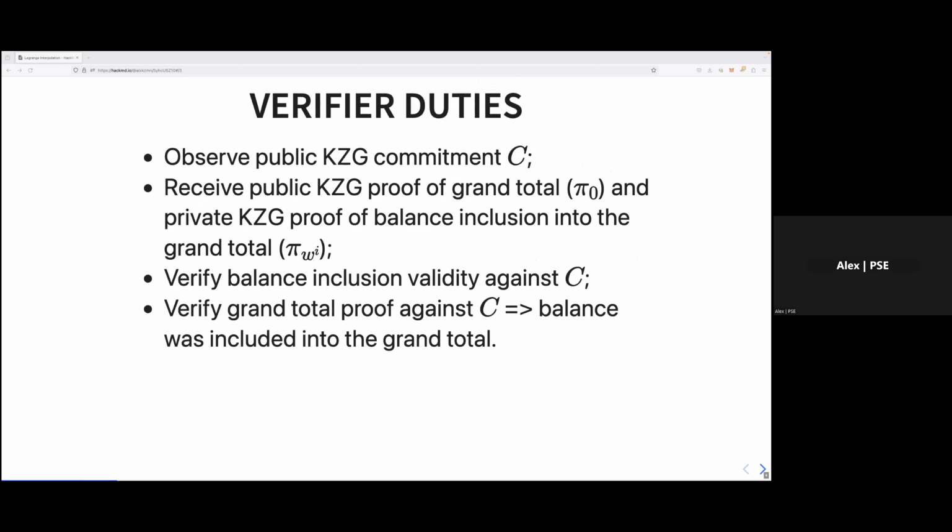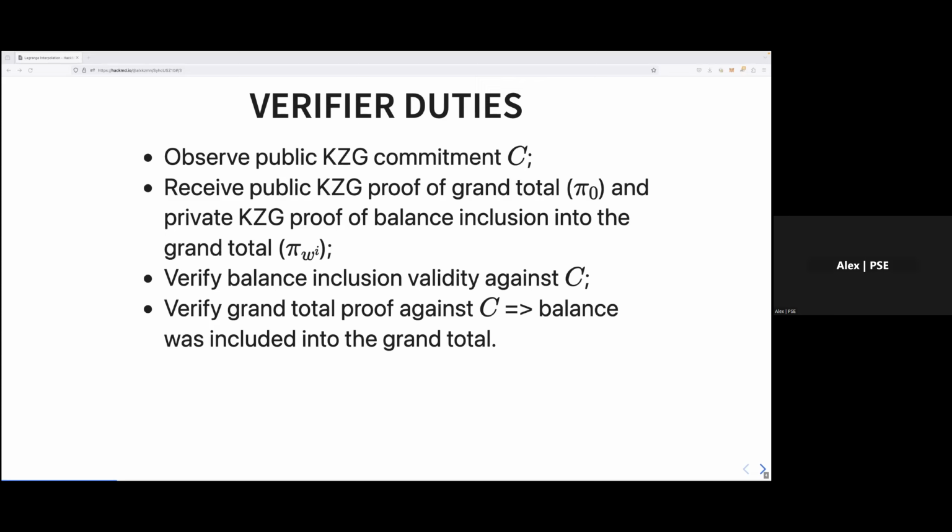And then after receiving the proof of the grand total sum and the individual proof of inclusion, the verifier needs to verify the corresponding proofs and also make sure that since both proofs are verified against the same commitment, the verifier can conclude that their balance was indeed included into the grand total.